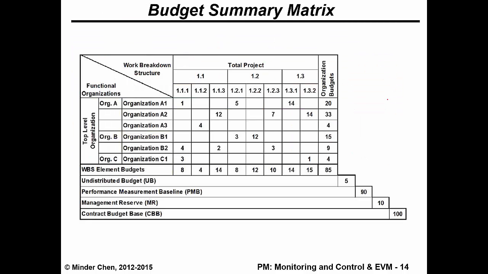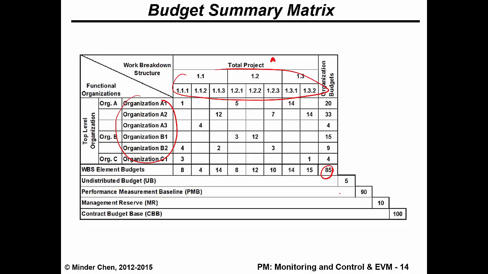So this is just an example of a budget summary. This is the work breakdown structure over here, and over here is the organizational breakdown structure, so we can basically just add up all the cost.